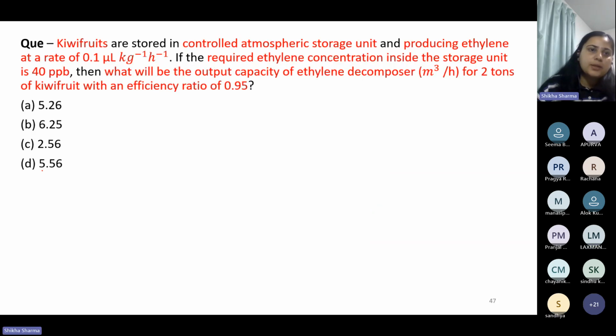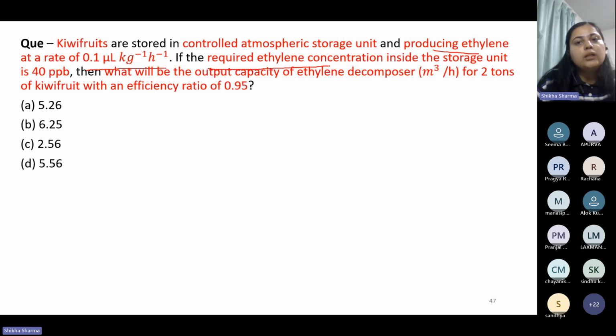Okay, next is a numerical. Kiwi fruits are stored in a controlled atmospheric storage unit and produce ethylene at a rate of 0.1 microliter per kg per hour.